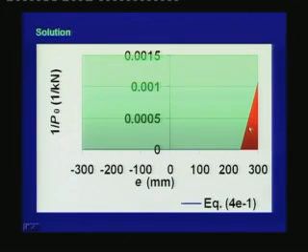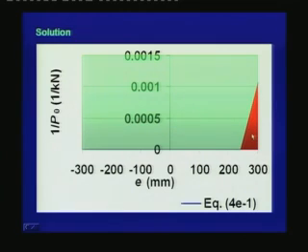This equation is plotted in the 1 by P0 versus e plane, and this passes through the point e equal to Kb, which is 243.5 millimeters, and any point lying above the line is acceptable, and hence that region is shaded as green, and any point lying below the straight line is not acceptable.